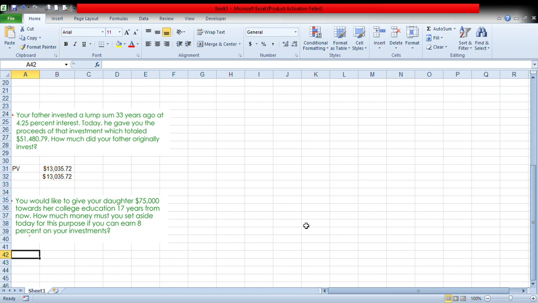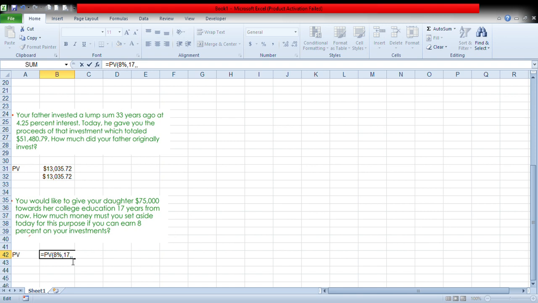Okay, what you need to do, ladies and gentlemen, you need to calculate the present value. For present value, you have to take the future value. Future value is 75,000. N, the years, is 17. No PMT. Rate is 8%.